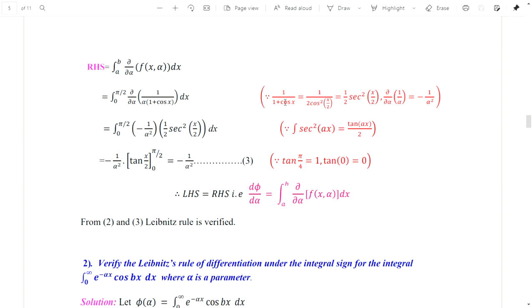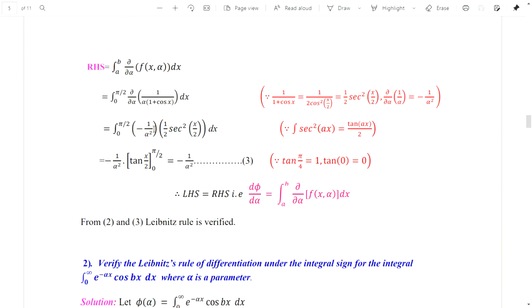But we can write 1 by 1 plus cos x as 1 divided by 2 cos squared of x by 2, that is equal to 1 by 2 into secant squared. 1 by cos squared can be written as secant squared of x by 2. So in place of this 1 by 1 plus cos x, I have written secant squared of x by 2 into dx. This is integral of 0 to pi by 2, and the integration is with respect to x.